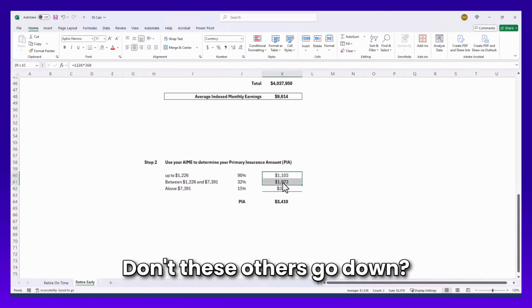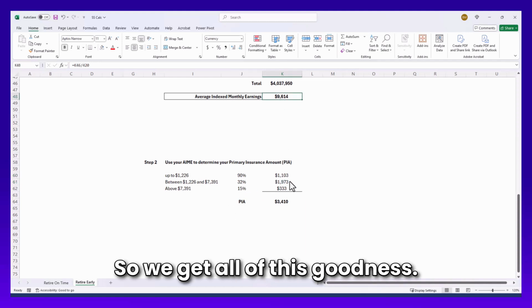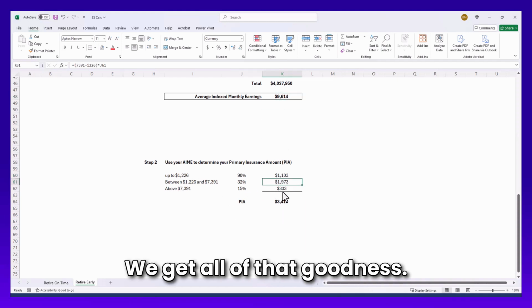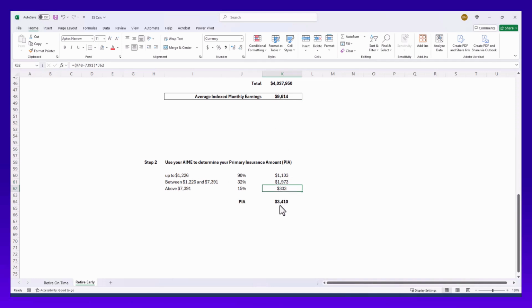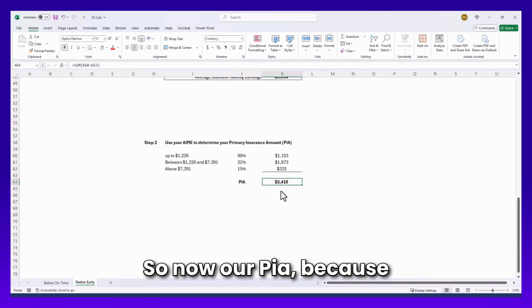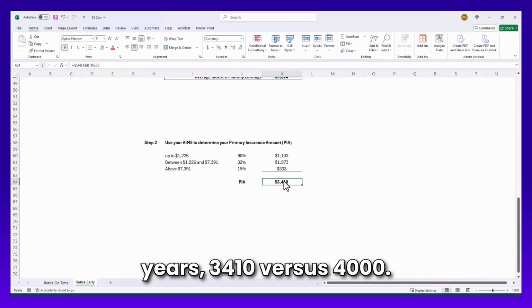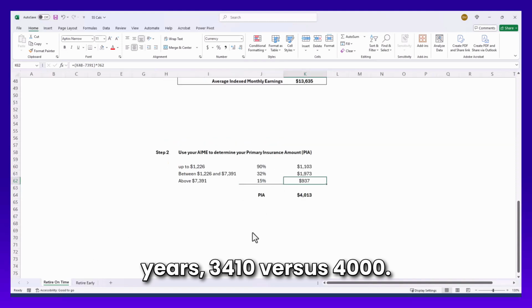Why don't the others go down? Because 9,600 is still more than 7,391. So we get all of that goodness, but here, that 15%, that's where it goes down. So now our PIA, because she retired early after 25 years, is 3,410 versus 4,000.